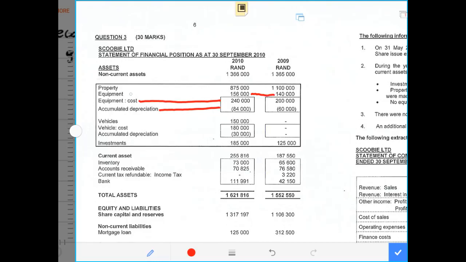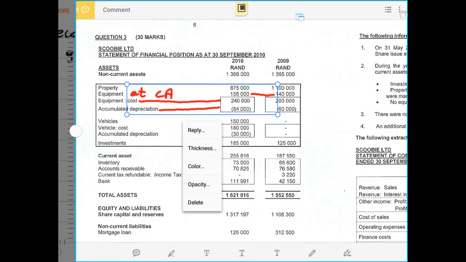So the first equipment line just below the property is equipment at carrying amount. The 156,000 and 140,000 is the carrying amount of the equipment, which is the cost price minus accumulated depreciation. As you can see in the box, they deducted the two. So we are given the cost price of the equipment together with the carrying value of the equipment.